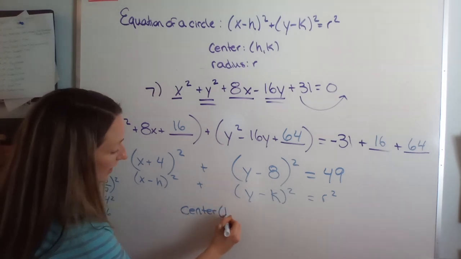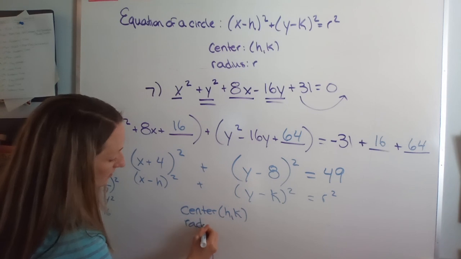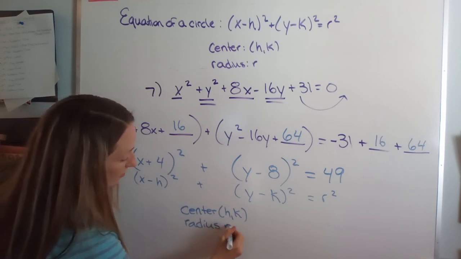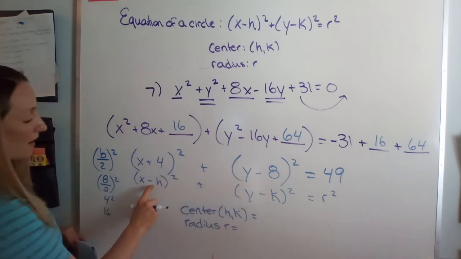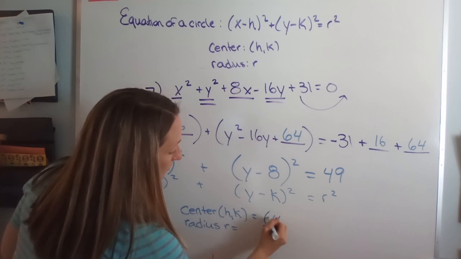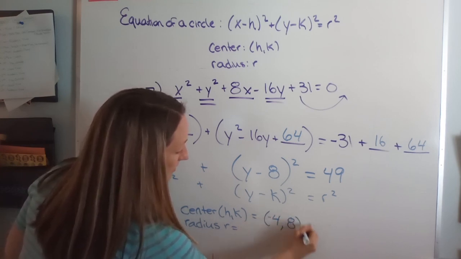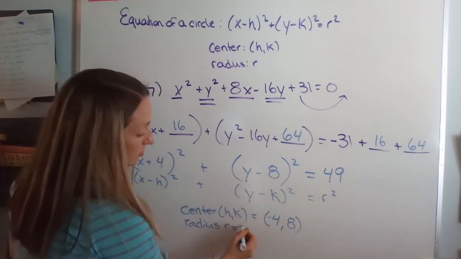Remember, that's your h and k value. And your radius. Remember, that's your r value. So your h and your k, you have a negative 4 and a positive 8. Negative 4 and a positive 8. And your radius, well, radius squared is 49, so r would just be 7.